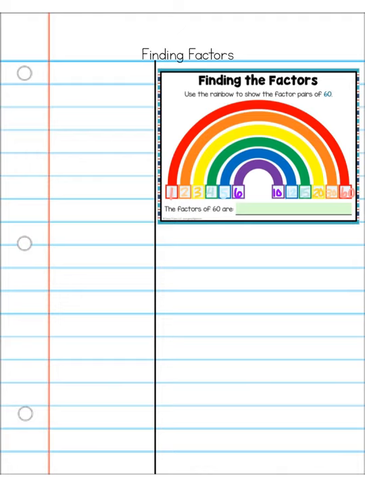So the factors of 60 are 1, 2, 3, 4, 5, 6, 10, 12, 15, 20, 30, and 60. And each factor pair is connected by the factor rainbow. So 1 and 60 are a factor pair, just like 4 and 15 are a factor pair.